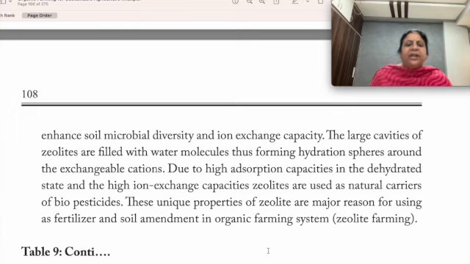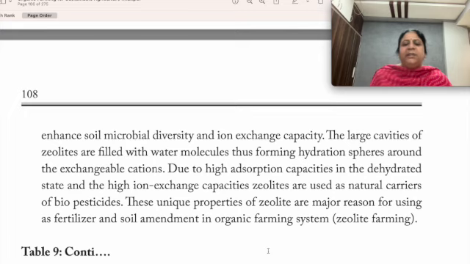The large cavities of zeolites are filled with water molecules, thus forming hydration spheres around the exchangeable cations. Due to high adsorption capacities in the dry, dehydrated state and the high ion exchange capacities, zeolites are used as natural carriers of biopesticides, which are permitted in organic farming.